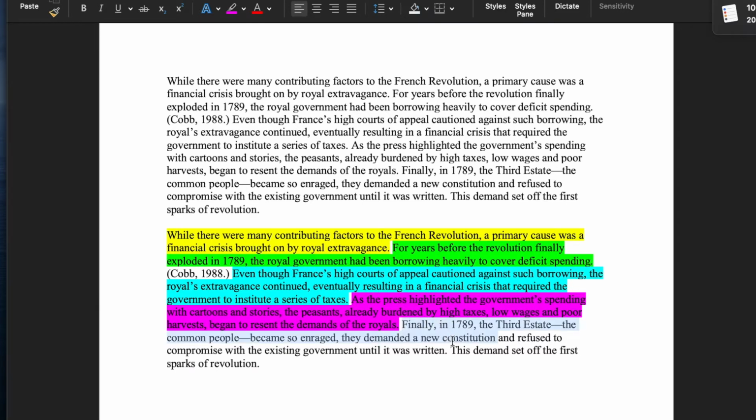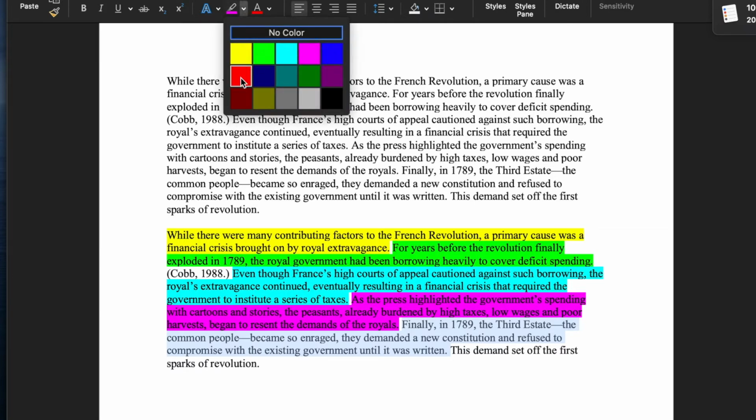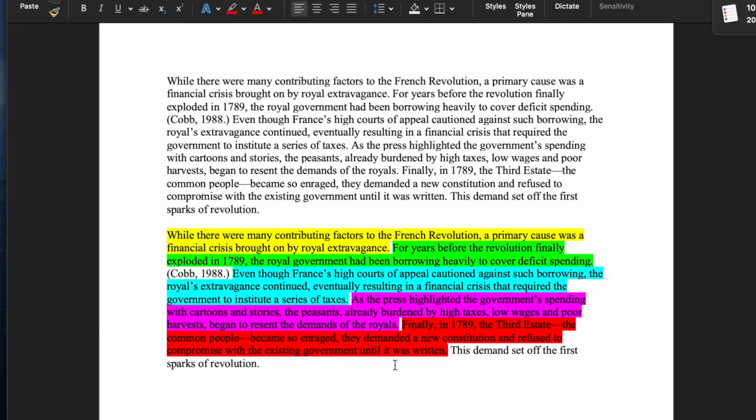Finally, the writer is suggesting here the overall effect, which was the spark of the revolution. So essentially, it's kind of a two-sentence conclusion here.